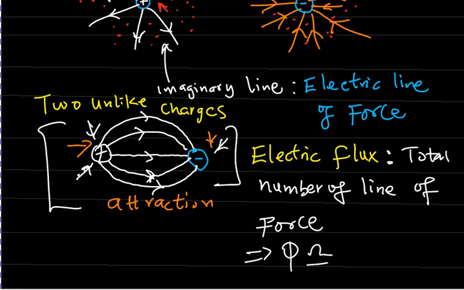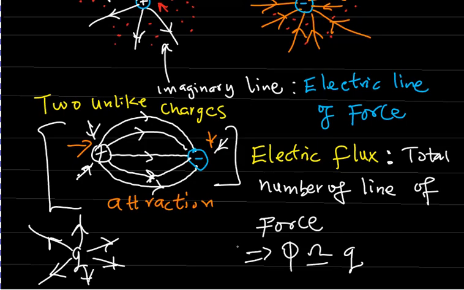So the amount of flux measured around this electric charge is approximately equal to the magnitude of the electric charge. That is why electric flux is measured in coulombs.